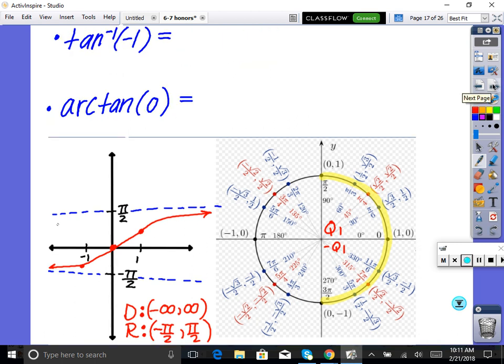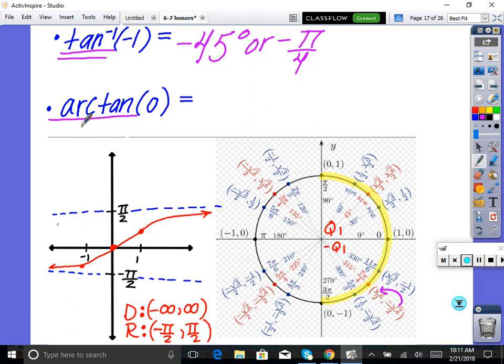We have an angle whose tangent is negative 1. Remember, tangent is y over x. So which one? What's the answer? That one? So negative 45 degrees or negative pi/4. You cannot say 7 pi/4. That's not in the output. We have an angle whose tangent is 0.